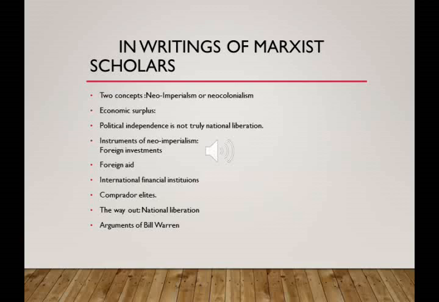It gives leaders of the former colonies the capacity to adopt policies independently, policies that would promote development in these countries, and they would be interested in industrialization, and the transnational companies would help them. And in fact, they might even promote capitalism in these countries. And for Bill Warren, this is not a bad thing.